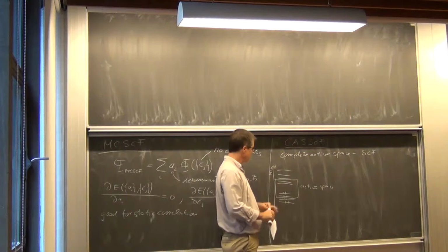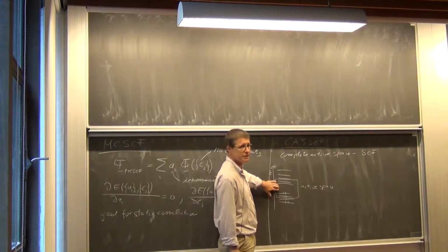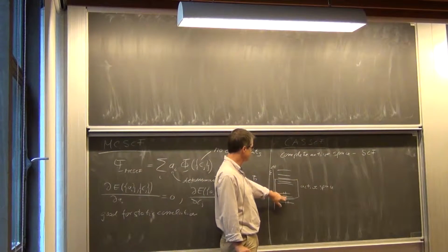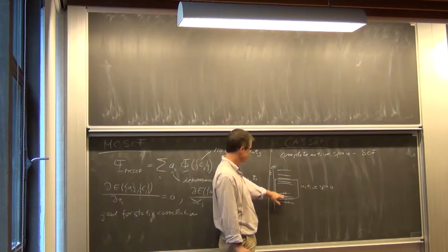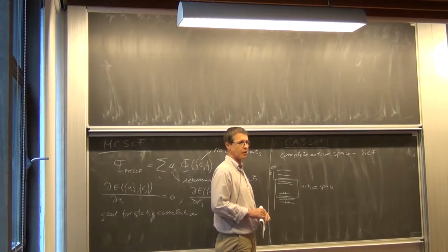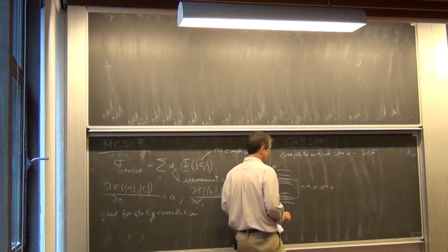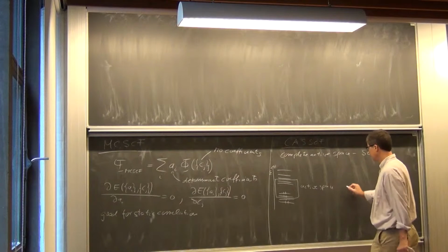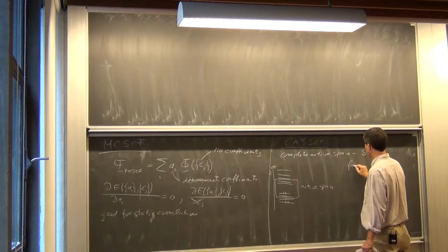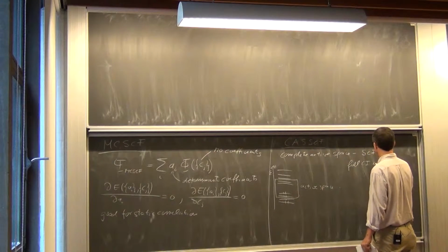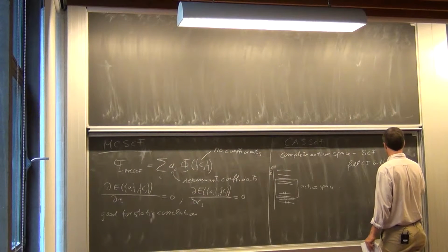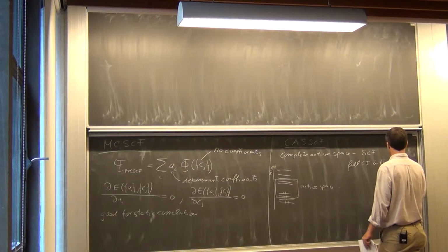It generates all the configurations or determinants which you get by distributing those, here in this case 4 electrons, over all those orbitals. And so it's a full CI in the active space.